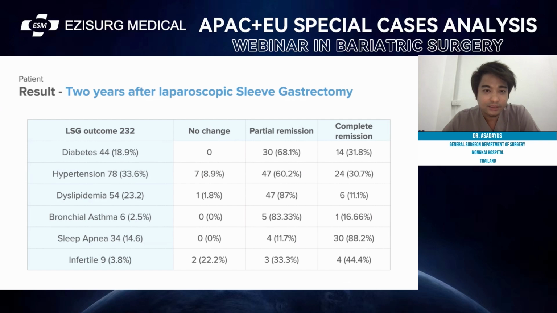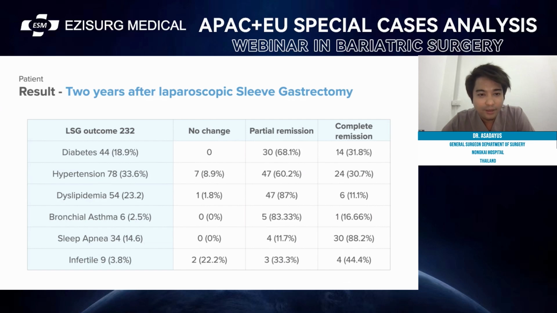This graph shows the outcome of the comorbidities of the patients. Patients with diabetes, 44, equal to 18%: no change in 0, partial remission in 30 patients, and complete remission in 14 patients. Patients with hypertension, 78 patients: no change in 7, partial remission in 47, and complete remission in 24. For dyslipidemia, 54 patients: no change in 1, partial remission in 47, and complete remission in 6. There were 6 patients with asthma in this series, and everyone improved: partial remission in 5 and complete remission in 1.